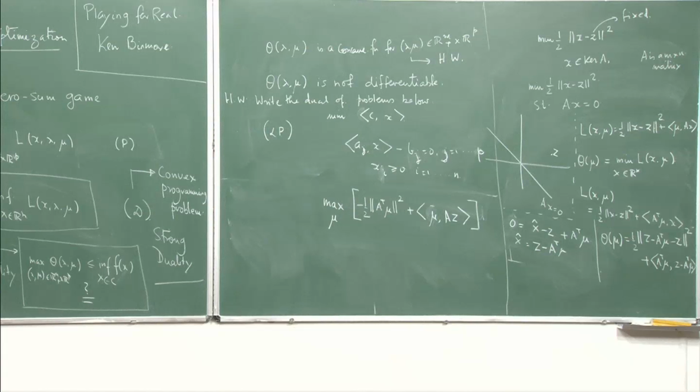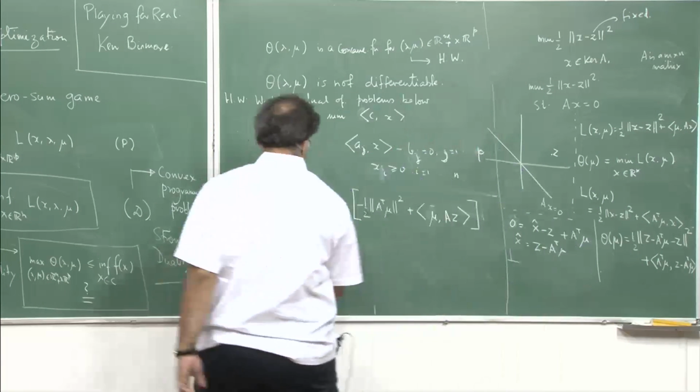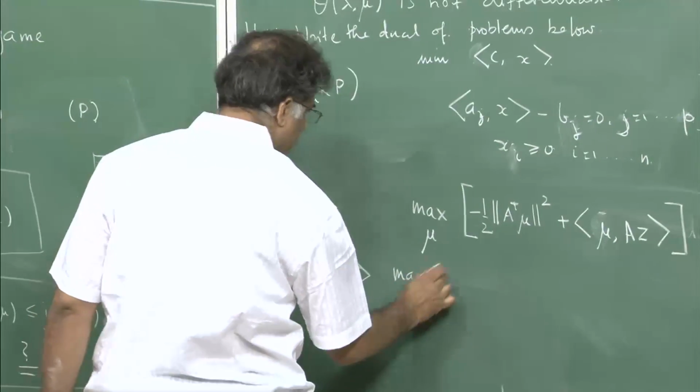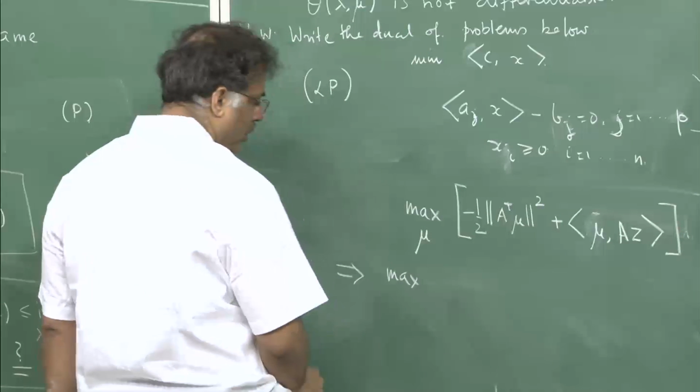Now, I can add a half norm z square to complete the square. So this is the same as writing, you add plus half norm z square and put minus half norm z square.